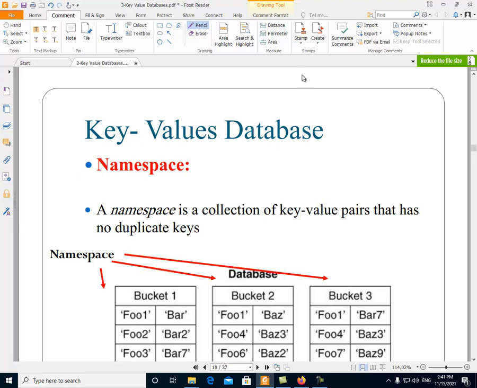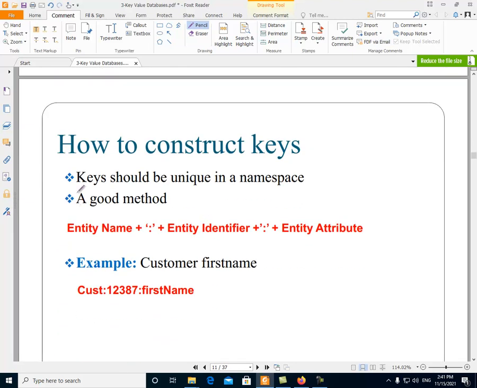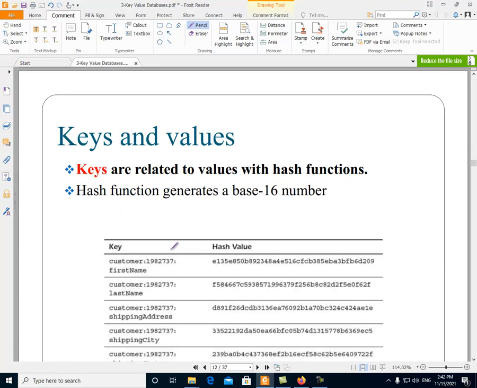Okay, we talked about this in the online session. And then we said, how could we construct keys in the key value database? We could construct a key using this method: the entity name, the entity identifier, and the entity attribute. Okay, we talked about it.